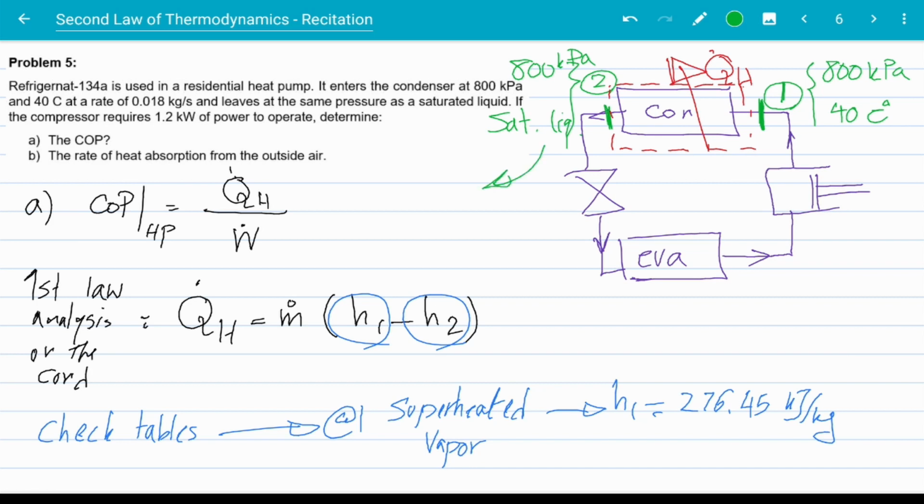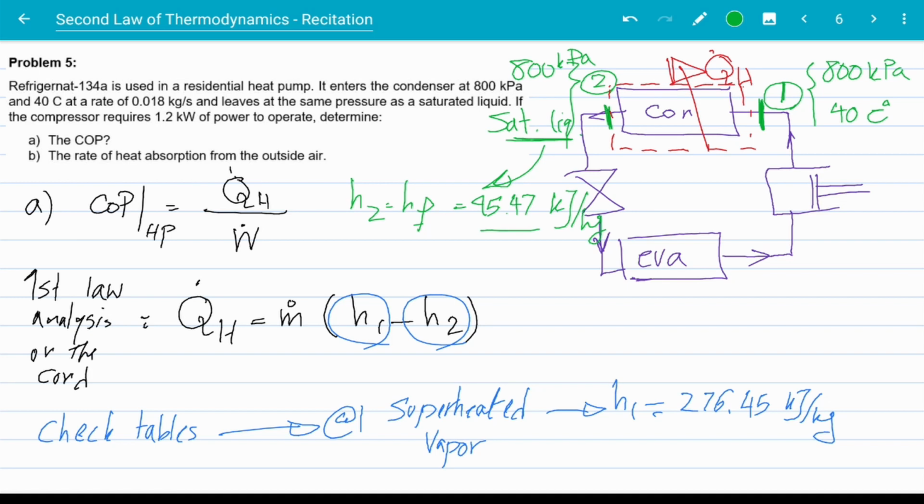H2, the problem specifically states that at state 2, we are dealing with a saturated liquid. So H2 is equal to H of F at 800 kilopascals, which is, from the tables, 95.47 kilojoules per kilogram.